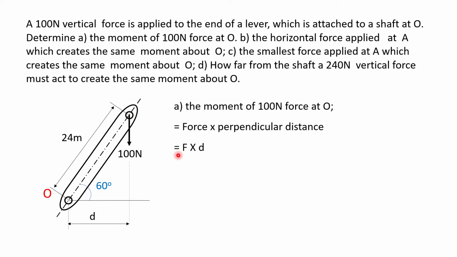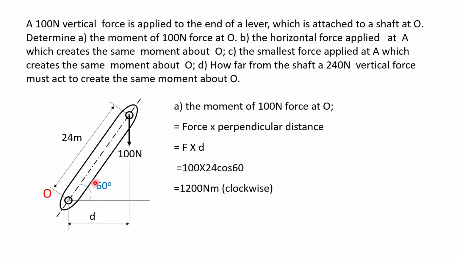So in this way, we can calculate the moment as force into perpendicular distance d. In this particular problem, the distance d can be easily calculated from the length of the lever, 24 meter, and the included angle given, 60 degree.